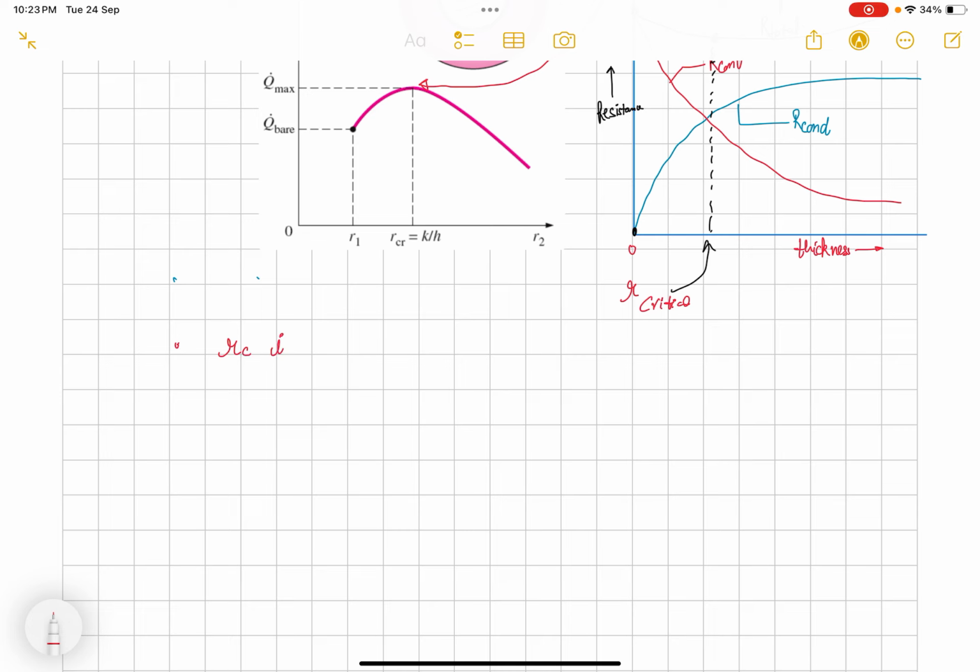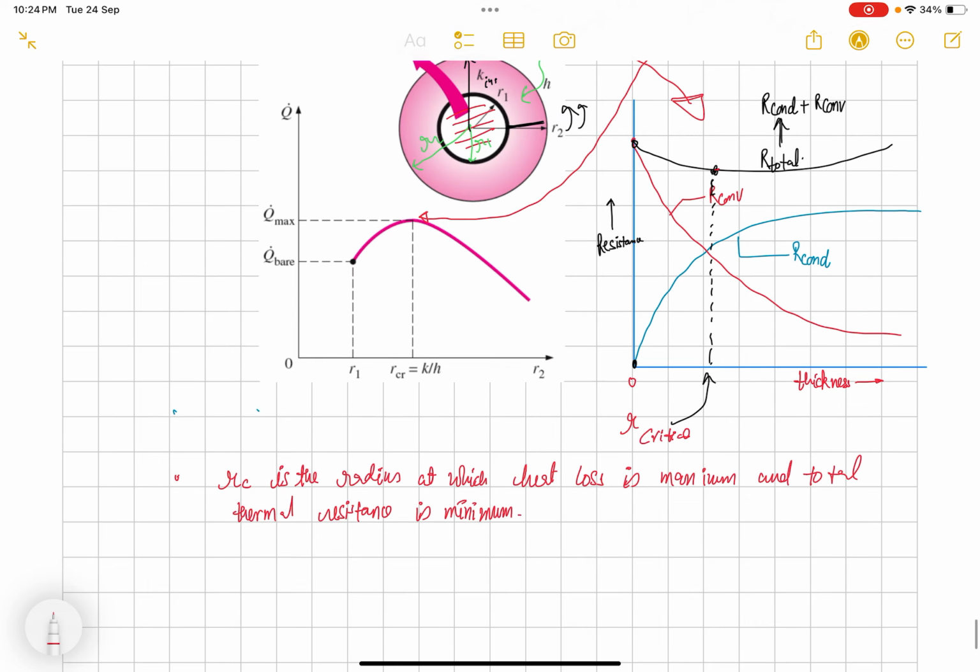RC is the radius at which heat loss is maximum and total thermal resistance is minimum. All right.